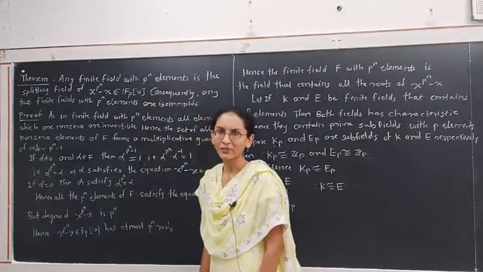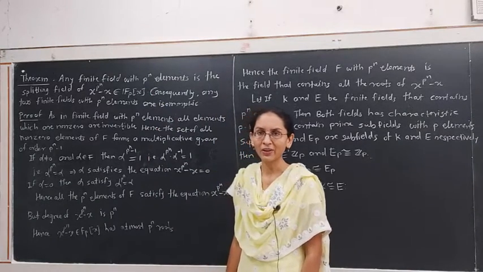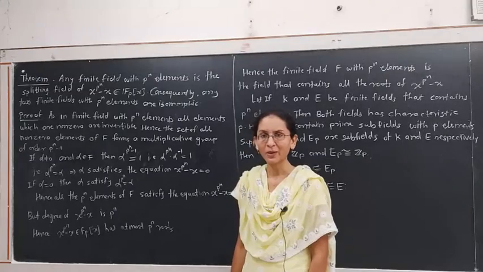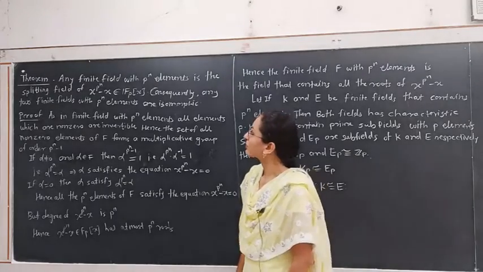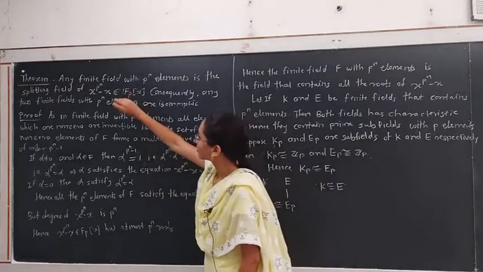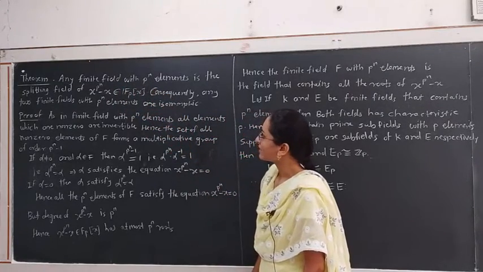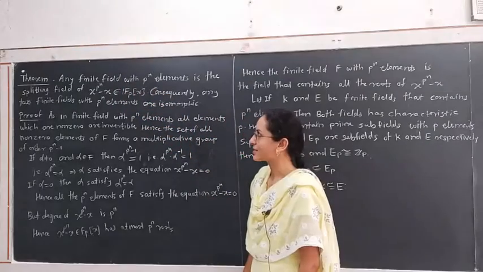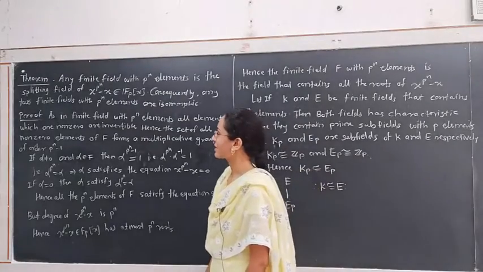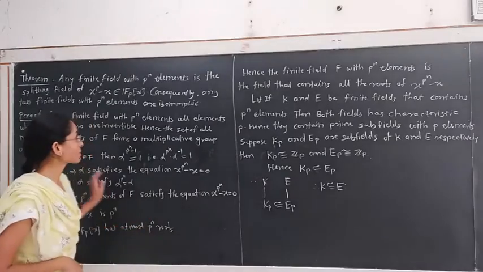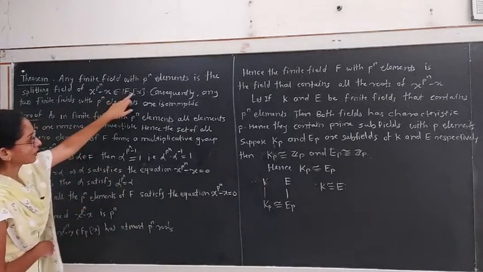Also, in the last lecture we discussed that any finite field contains p raised to n elements, where p is a prime number. Any finite field with p raised to n elements is the splitting field of x raised to p raised to n minus x. This is a polynomial of degree p raised to n over F_p.